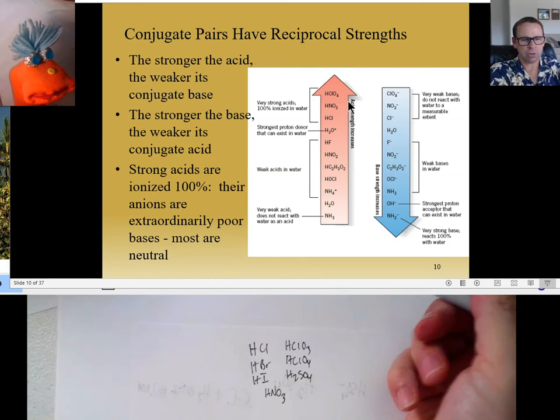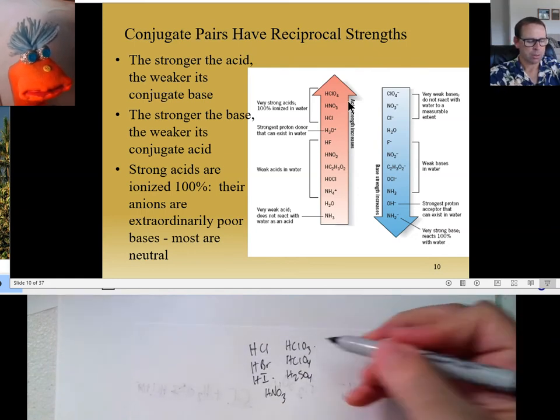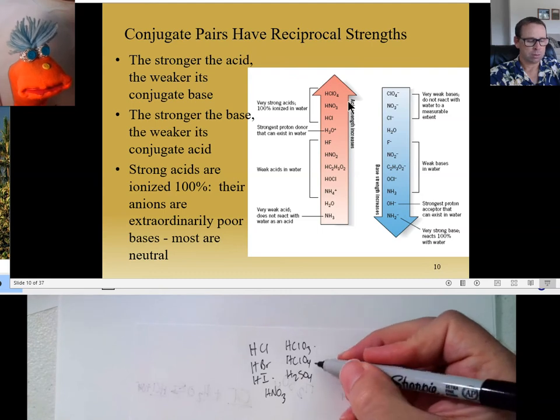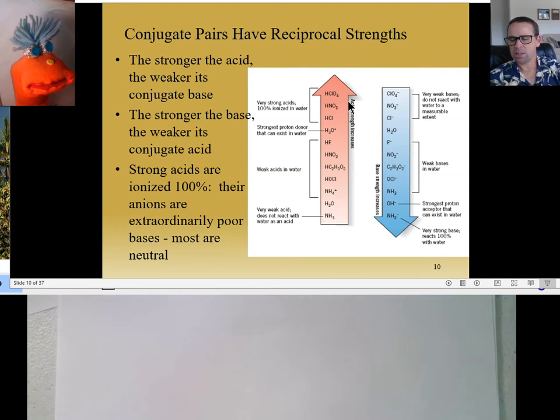Those are our strong acids: hydrochloric, hydrobromic, hydroiodic, nitric, chloric, perchloric, and sulfuric acid. So we see 3 of our strong acids up here. If this acid is very strong, let's say HClO4, which it says it is here, then what that is also saying is that its conjugate base is very weak.